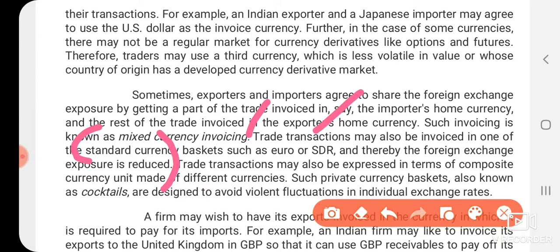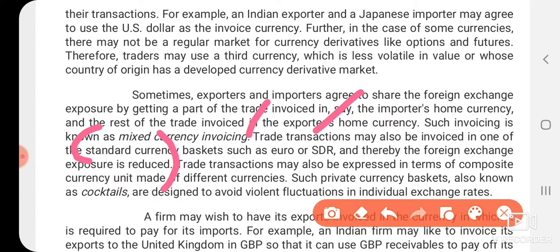Here trade transactions may also be expressed in terms of a composite currency unit. I will explain what is meant by composite currency units. It is nothing but the European currency unit or the special drawing rights or another composite unit, consisting of the aggregate of specified amounts of specified currencies, such as European currencies or special drawing rights, or other units that may be constituted from time to time.